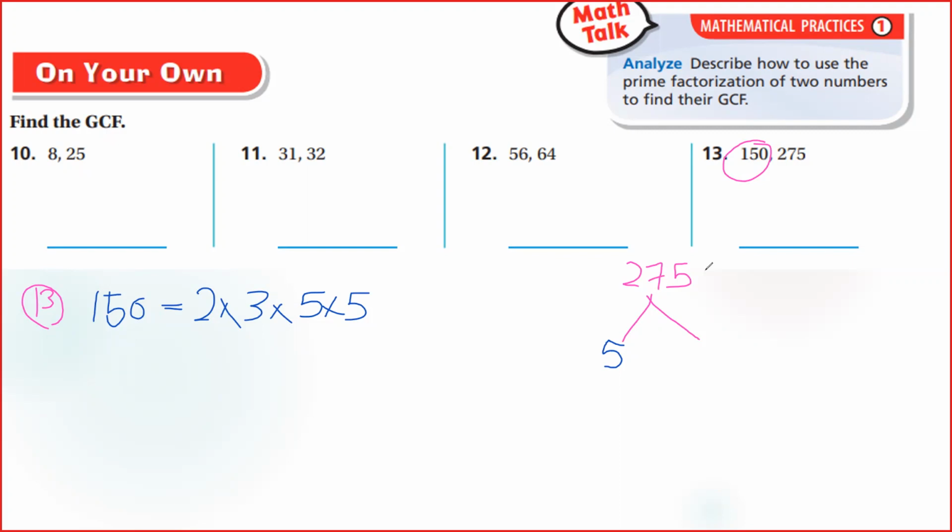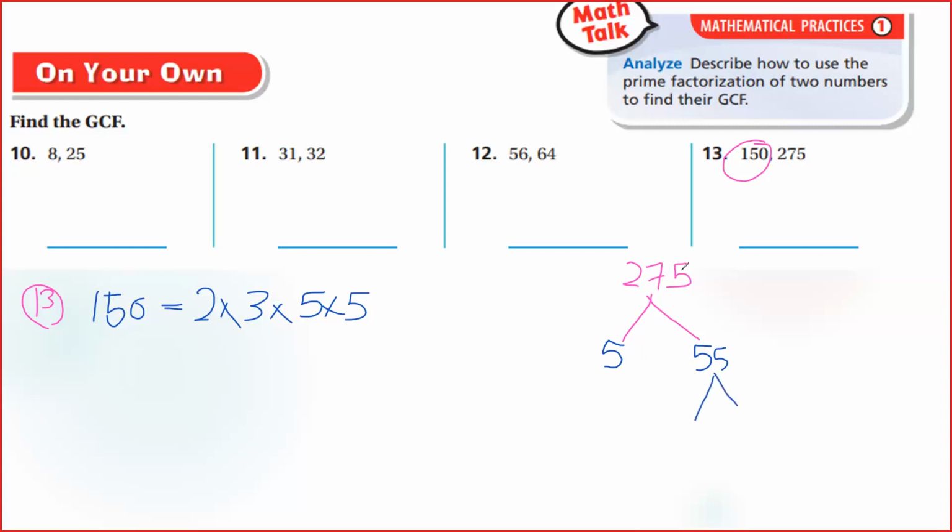Now, 275 is 5 and what? What's the number that I multiply by 5 to get 275? 55. Bravo. How do you know that it's 55? You divide 275 by 5, it gives you 55.